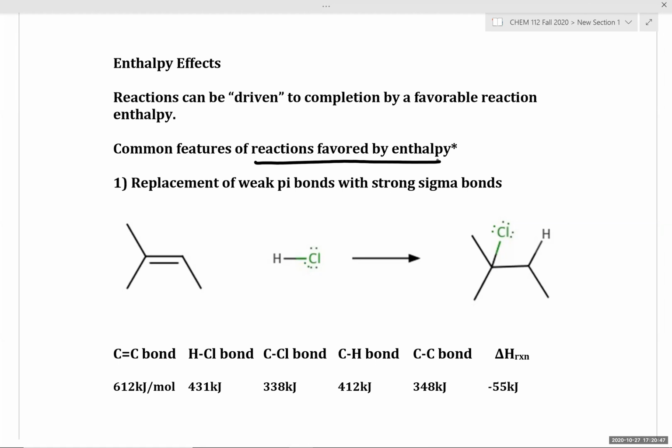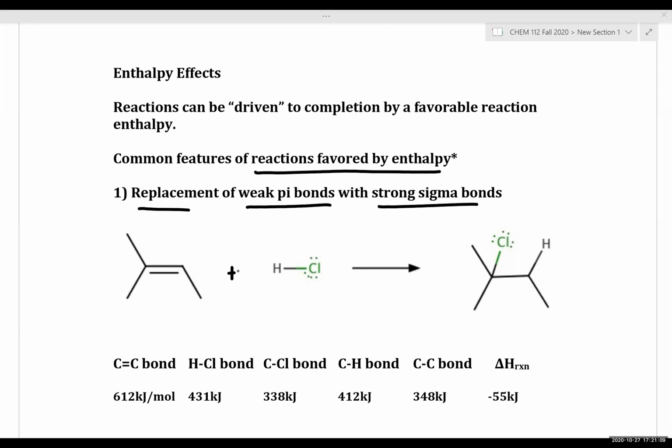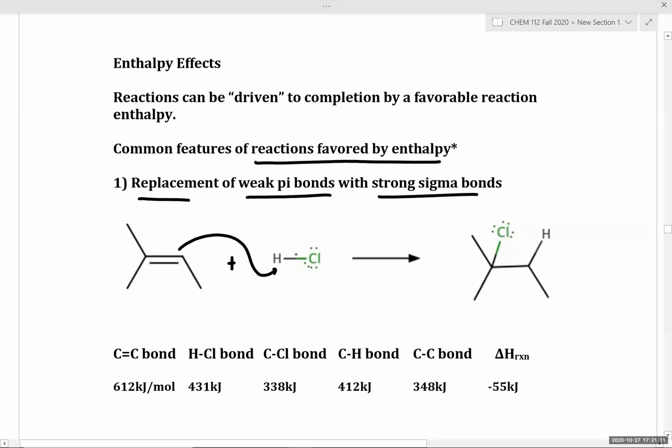So one of the most common reactions that we'll see that is favored via enthalpy are reactions that involve the replacement of weak pi bonds with stronger sigma bonds. A classic reaction of this type is an addition reaction, where our alkene is protonated, and we eventually end up replacing this relatively weak pi bond with 2 strong sigma bonds.